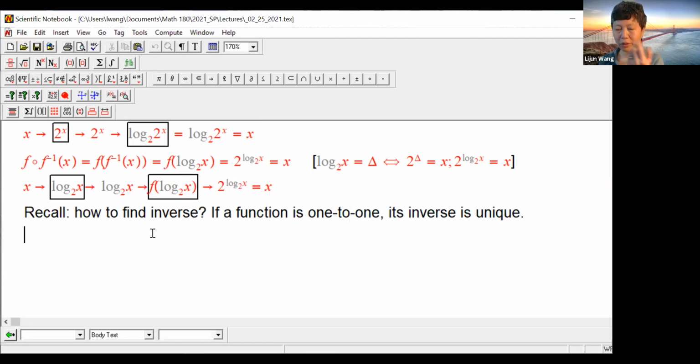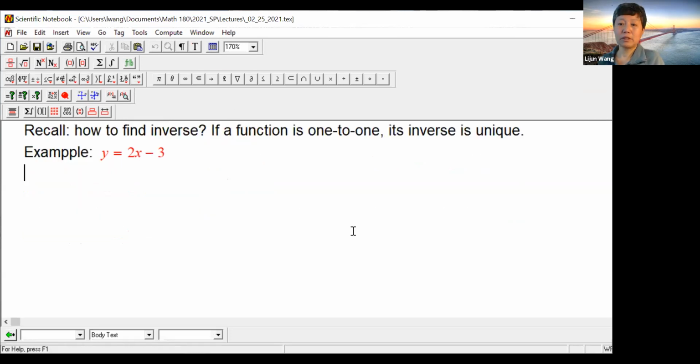For example, I'm sure you have done similar examples before. A typical example would be y equals 2x minus 3. I'm just giving you an example. This function has an inverse. So now we're going to find the inverse.